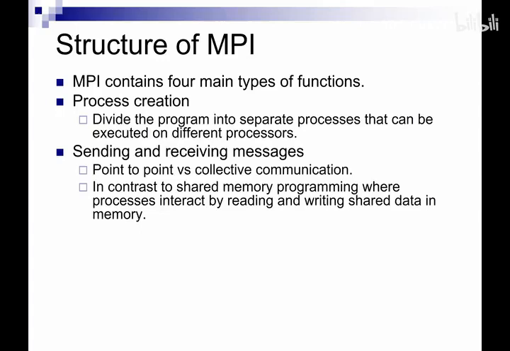This is in contrast to the shared memory programming model, where all of the processes share a common chunk of memory, and any process, in order to access this memory, can just do a normal read or write operation. So a shared memory program basically looks just like a traditional C program, where you can read and write memory using the normal C assignment and read operators.